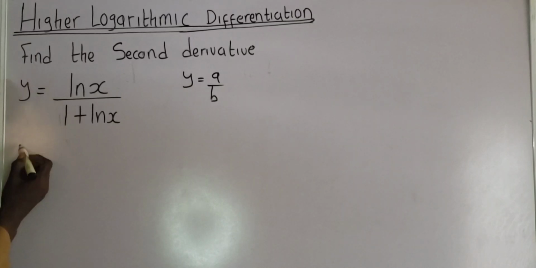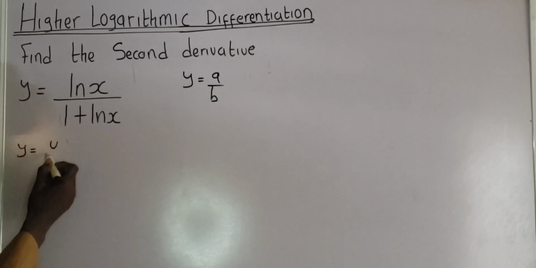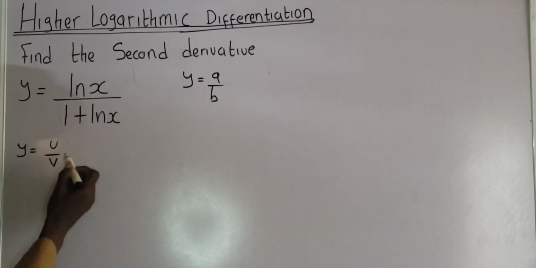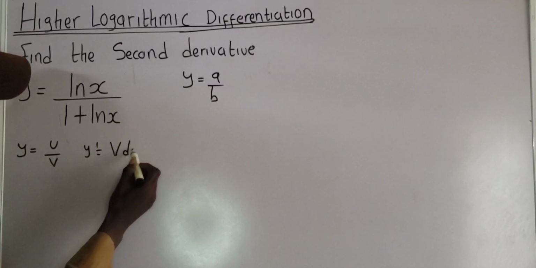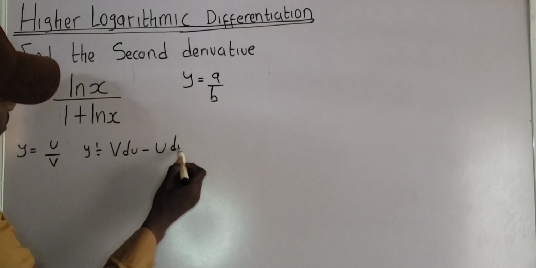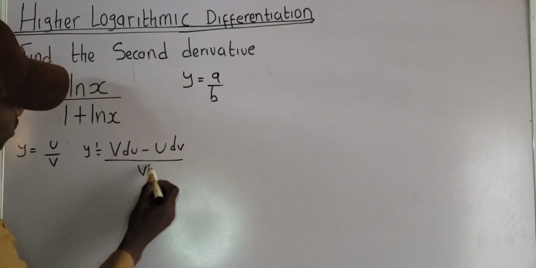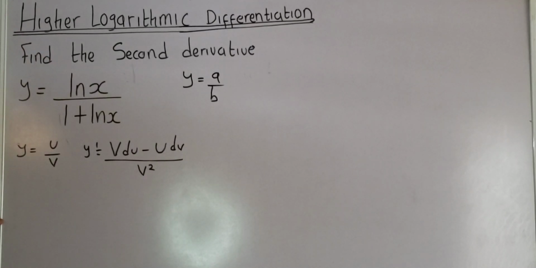So for this, don't forget that from our previous class, if we have a function like this, the derivative of y is equal to v du minus u dv all over v squared. Hope you remember this from our previous class. Okay, let us proceed. Now let's take the derivative of y.